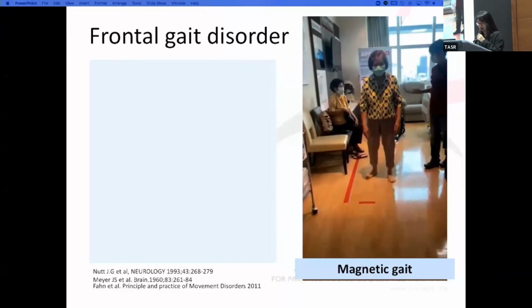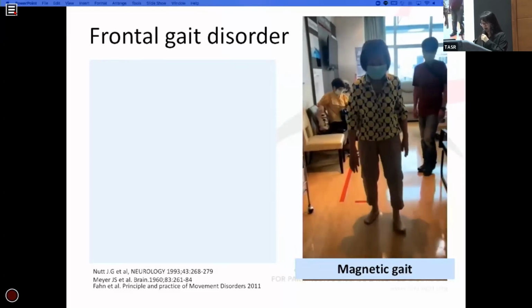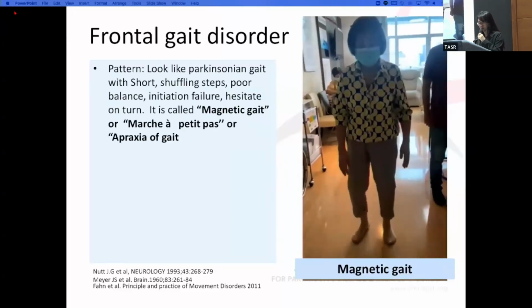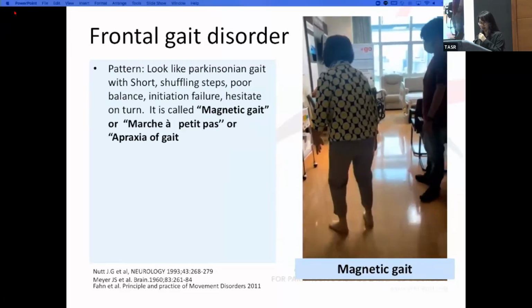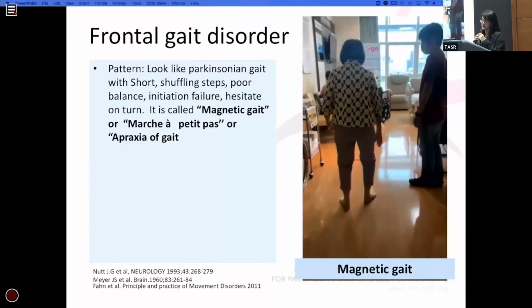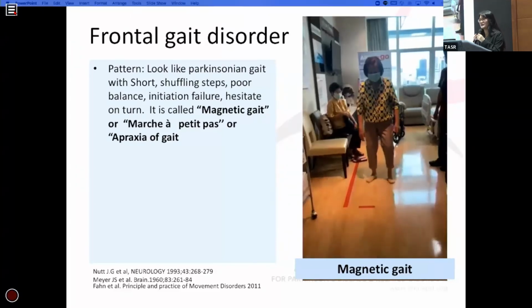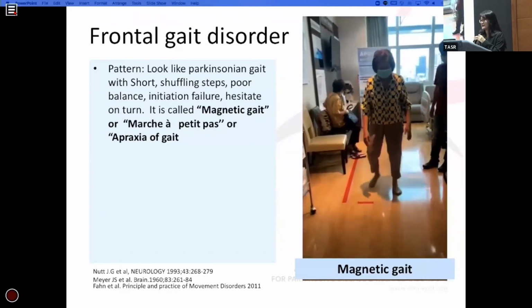Frontal gait disorder is the most common pattern in highest level gait disorder. It looks like Parkinsonian gait as the patient presents with short shuffling steps, poor balance, initiation failure, and hesitation on turning. This is called magnetic gait. But if you look at other books, people might discuss it as marche à petits pas or apraxia of gait.